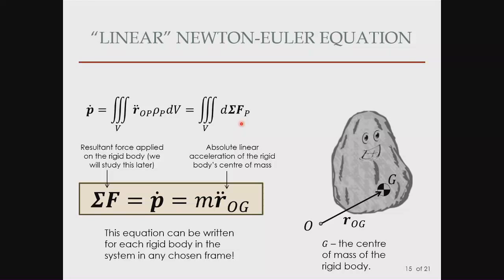But for every internal force, every green one, I have the opposite direction, same magnitude, on one of the neighboring particles. So I can draw, say, this one here. Let's say this is dV 1 and this is dV 2.